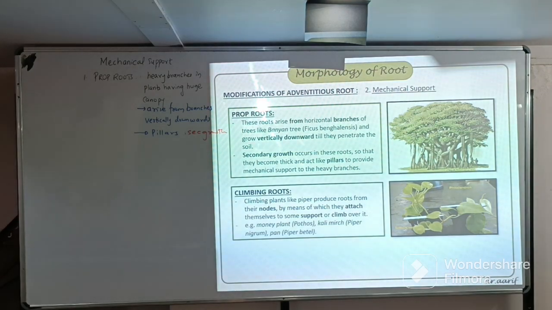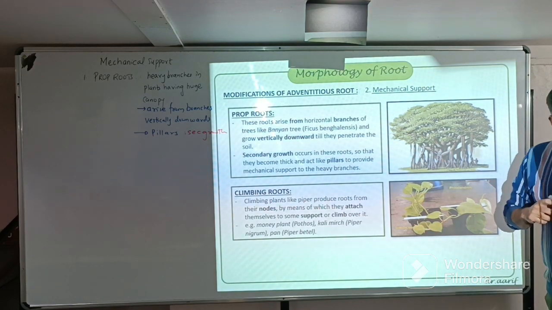Now look at this plant here. Once again for mechanical support. And tell me, this stem that you see, is it a strong stem or a weak stem? Weak stem. So many a time the weak stem requires certain extra support. So from the weak stem arise roots which coil over the extra support, and they give mechanical support to the weak stem.